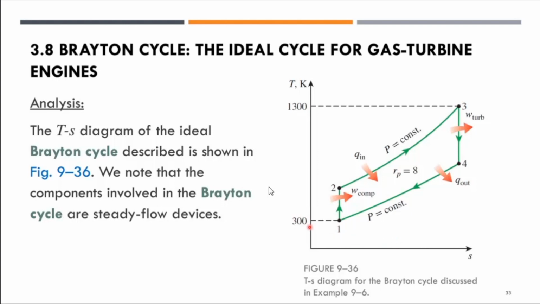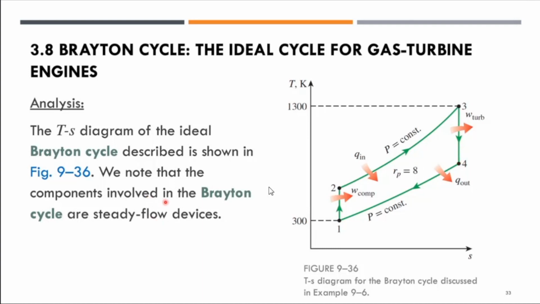We have been given a temperature of 300 Kelvin at T1, at the compressor inlet, and at the turbine inlet it is 1300 Kelvin. This is where the temperature is raised from 2 to 3, and then we have to find the turbine exit temperature T4.